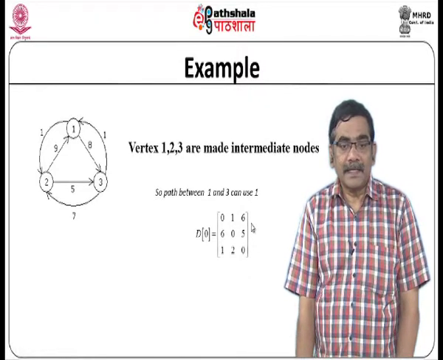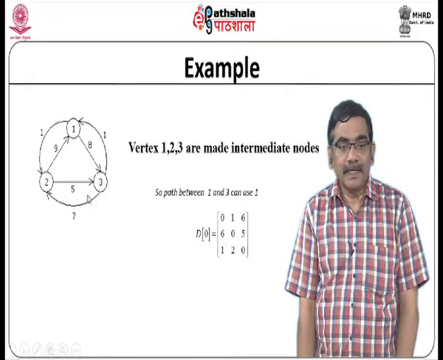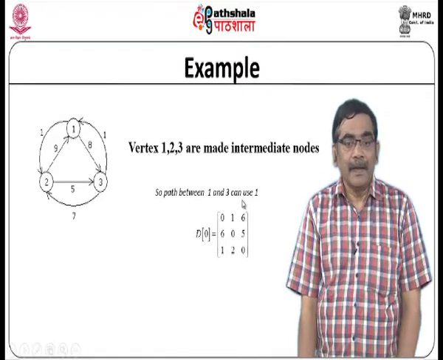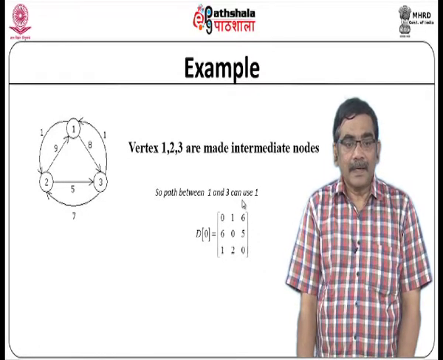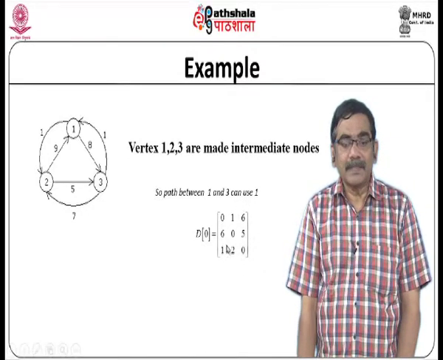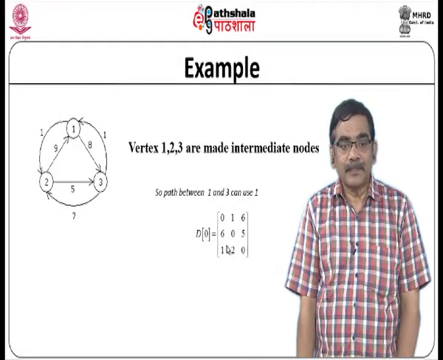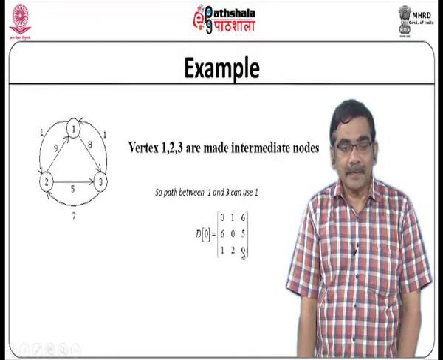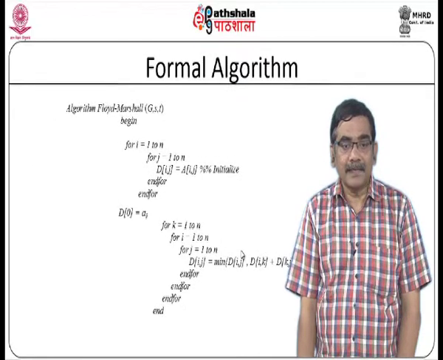In the next iteration vertex 3 is made an intermediate node, and you can see that now the path from 1 to 3 can make use of node 1. So you can come to the conclusion that this is the final iteration. Therefore, this is the final matrix which gives the shortest path between any vertex and any other vertex.